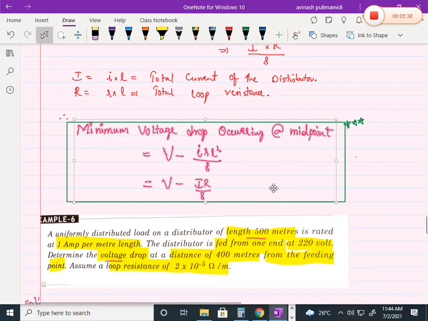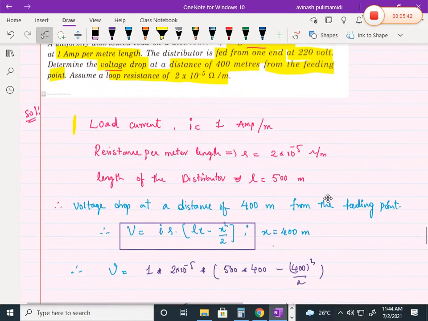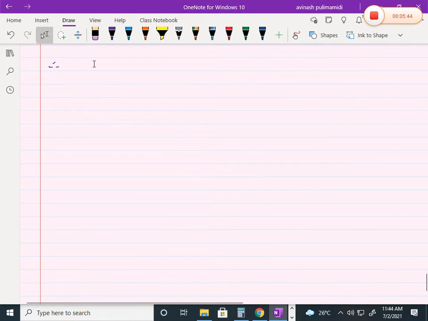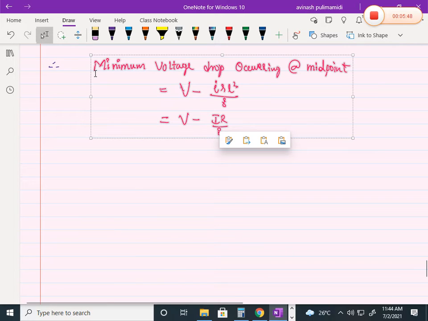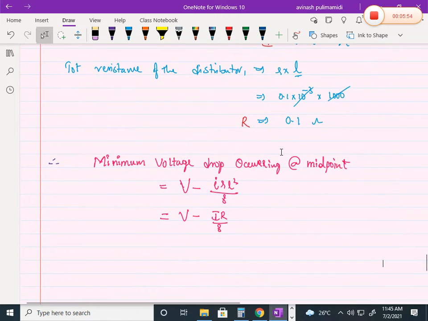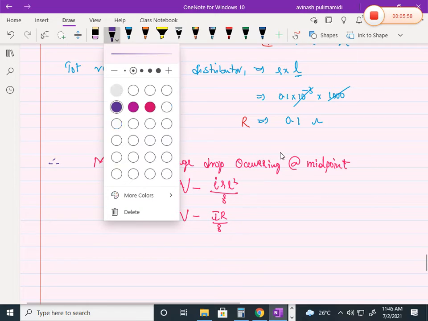Hope you understood now. Voltage at the midpoint is given by this formula. Understood, students?